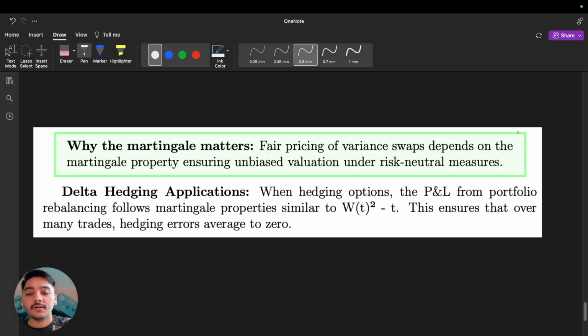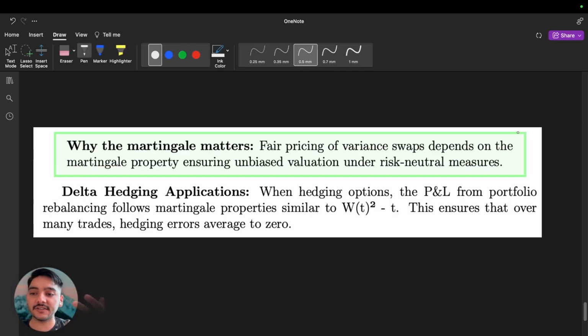So the conclusion is that we have proven that W_t squared minus t is a Martingale by leveraging the fundamental properties of Brownian motion: independent increments and known variance structure. The key Martingale insight is that the deterministic term t exactly compensates for the natural drift in W_t squared, creating a fair game.